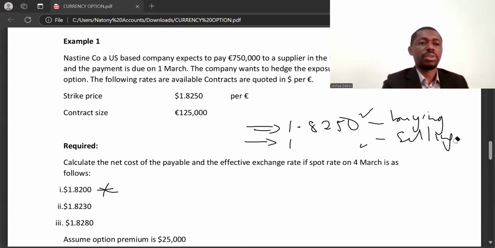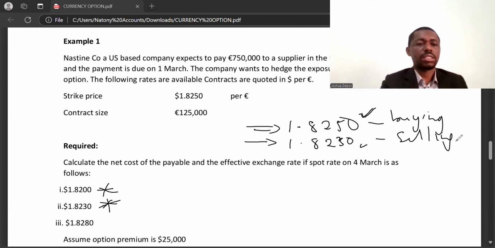Let's look at the second rate, 1.8230. Should the company exercise? The company bought at 250 and wants to sell at 230. This is lower. No, the company will not exercise.